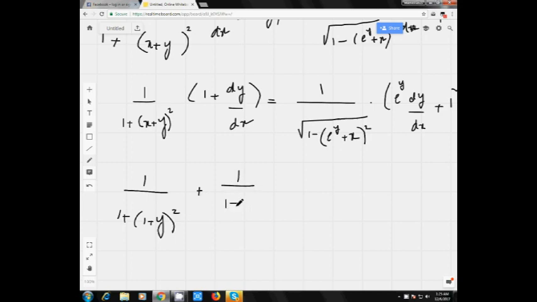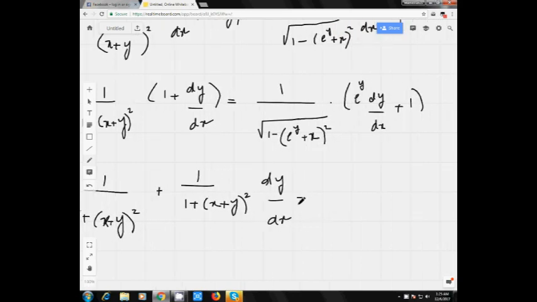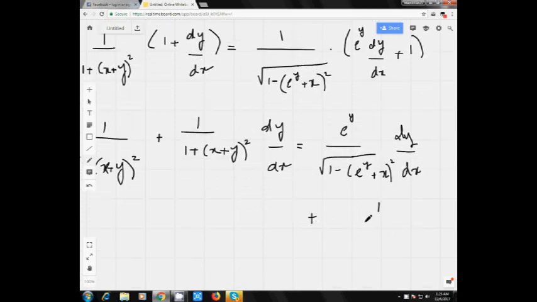Plus 1 divided by 1 plus (x plus y) whole square, sorry, dy by dx is equal to e raised to the power y divided by square root 1 minus (e raised to the power y plus x) square, dy by dx, plus 1 divided by square root 1 minus (e raised to the power y plus x) whole square.